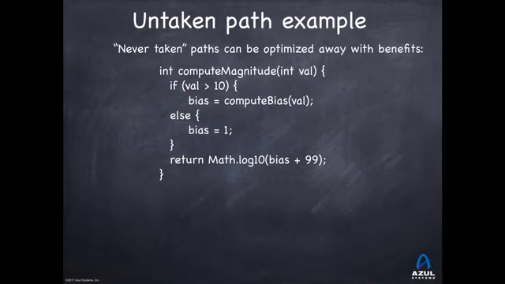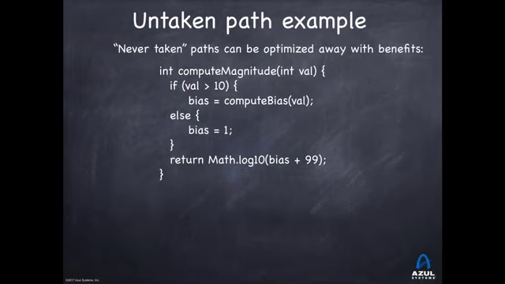If it is, we compute the bias based on the value. If it's 10 or less, then the bias is always going to be 1. And then in order to return the value that we've computed, we return the base 10 logarithm of the bias plus 99. Okay, slightly strange example, but it helps to highlight exactly what the JIT compiler can do.